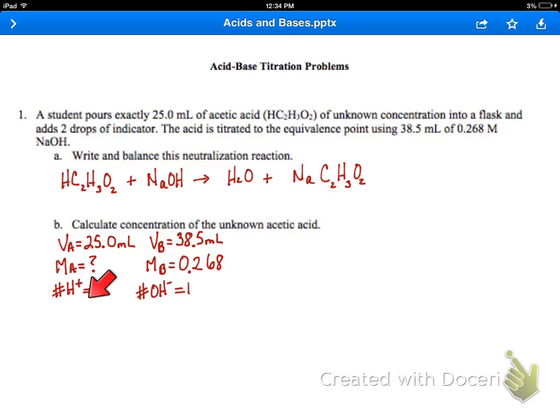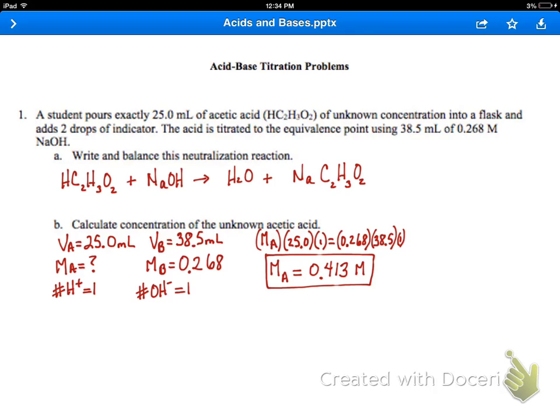That's our unknown. 1 proton, volume of base is given, molarity of the base is given, and we have 1 hydroxide. So again, just set it up with a titration equation and then solve for our unknown acid. So the molarity here is 0.413 molar.